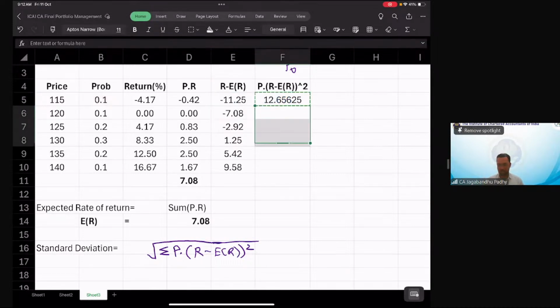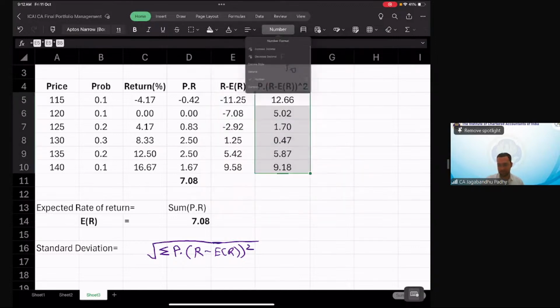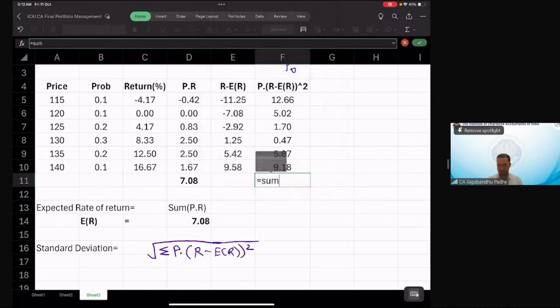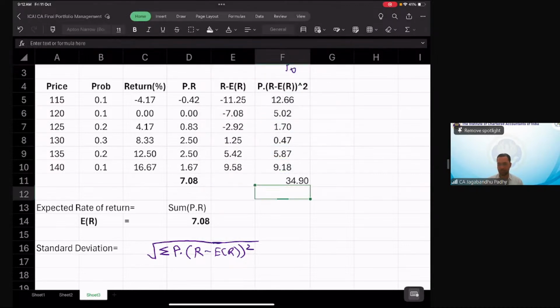These are the values that we get, and then we take, of course, the sum of it. So 34.90 is the probability into return minus expected return, the whole square.